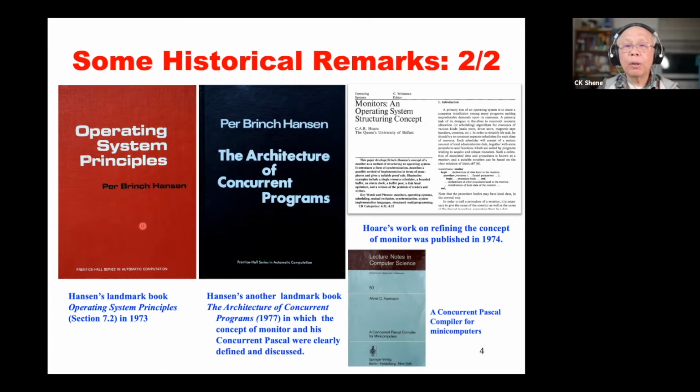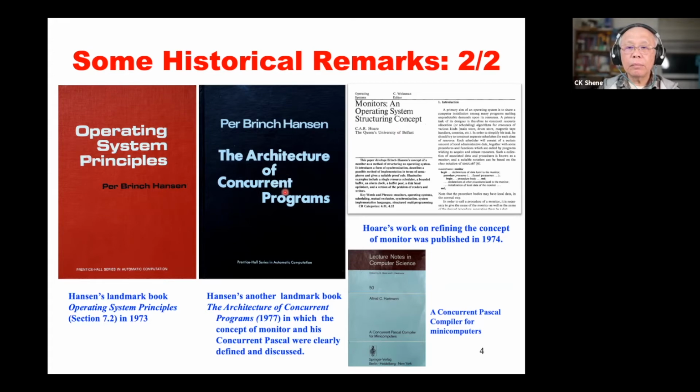The first book, written in a very concise, very clear way, in which the concept of monitor was discussed and explained. And Hoare's paper was published in the Communications of the ACM with the title, Monitors: An Operating System Structuring Concept. Now, you know this. The concept of monitors came from operating systems.